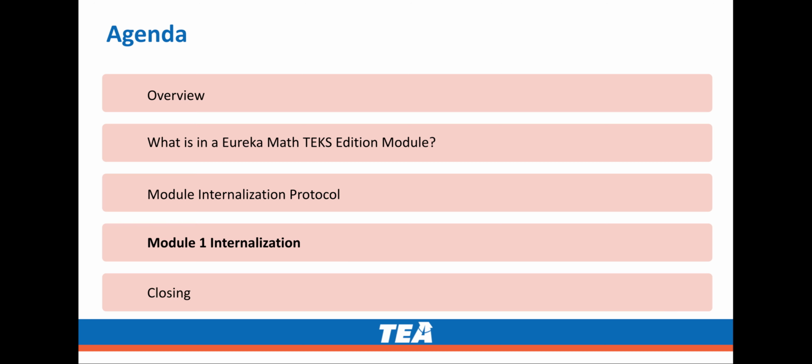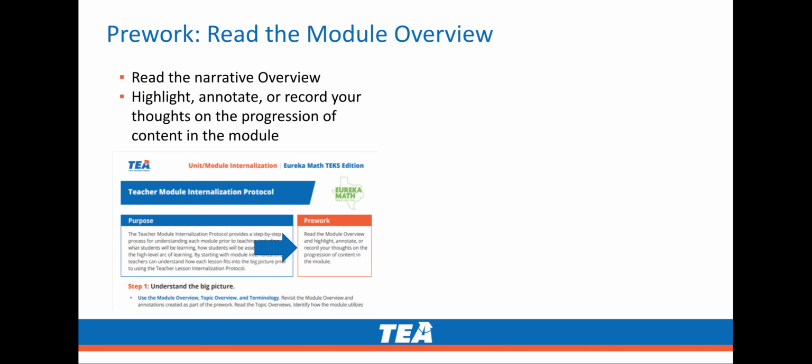So let's get into the heart of our learning. I'm going to be referring to the Grade 1, Module 1, but again, if you want to refer to yours and look at your module overview, feel free. Typically, this step is done before engaging in the collaborative module internalization process with the teachers and your coach.